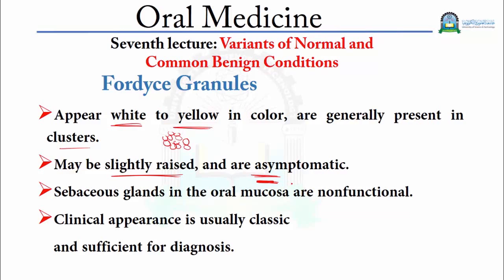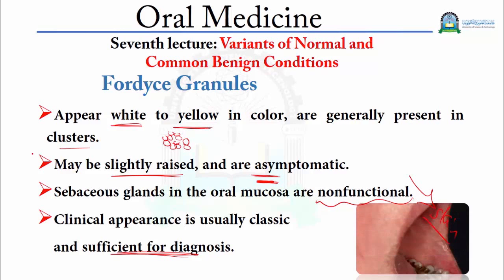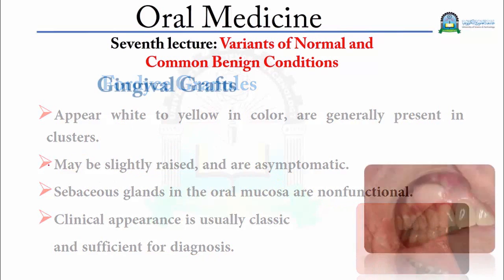Sebaceous glands in the oral mucosa are non-functional, but they are functional in their normal site, the skin. Clinical appearance is usually classic and sufficient for diagnosis, so we don't have to do a biopsy.